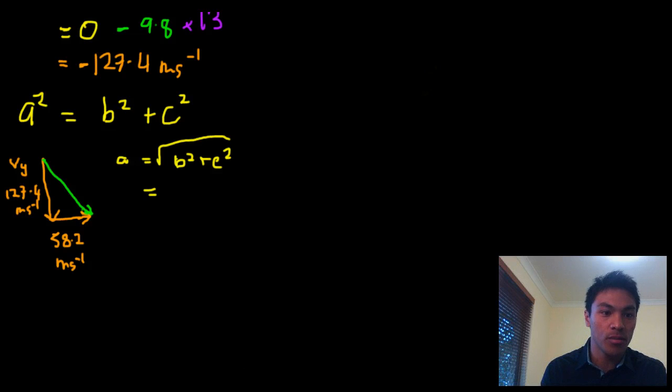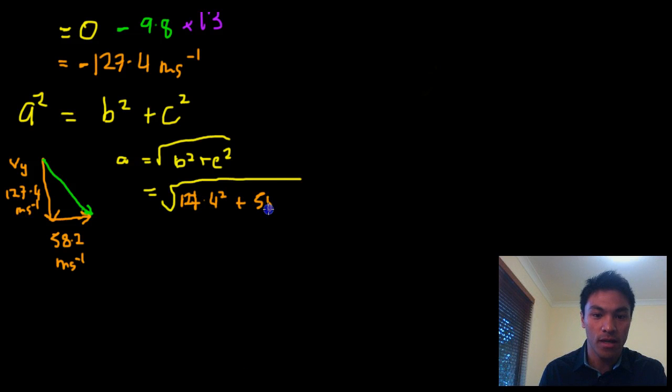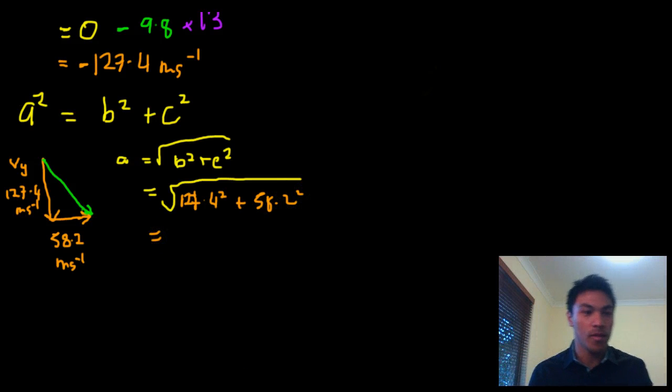So if we put in our components, it's going to be the square root of 127.4 squared plus 58.2 squared, which is going to be, let's put that in yellow.